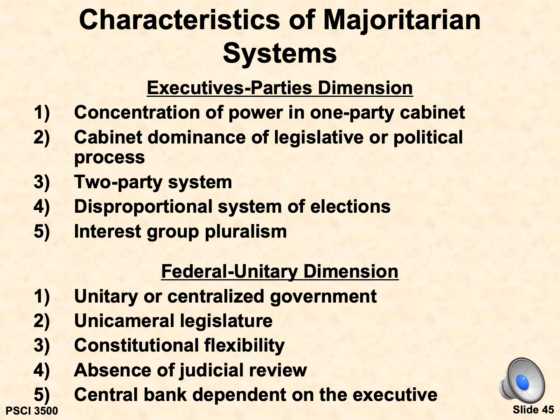In the federal-unitary dimension: a unitary or central government, one house in the legislative branch, a flexible constitution, meaning that it can be easily changed without a consensus of inputs from other branches. No judicial review, meaning that the judicial branch is not even in the process.